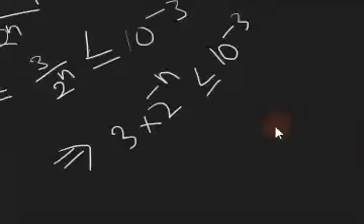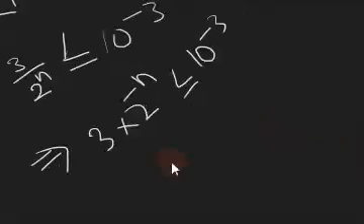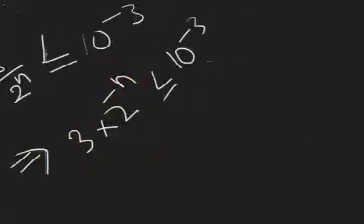Alright. Okay, so I want to isolate n. Because of that, what I am going to do is take the logarithm of both sides. So take log base 10. It is easy.